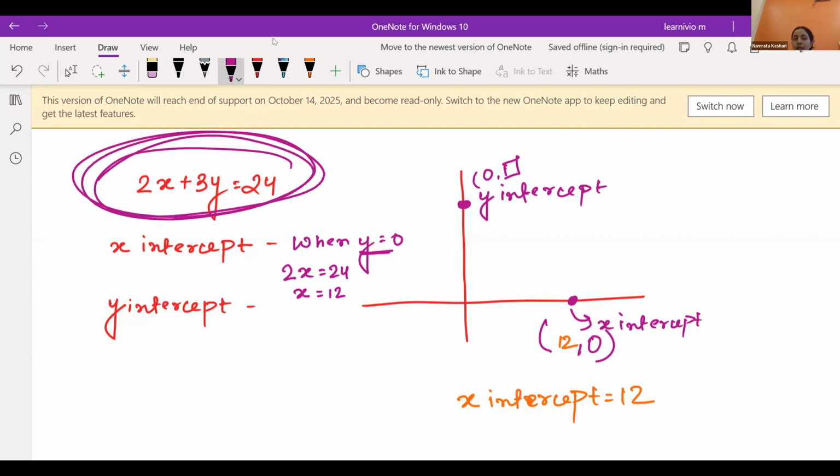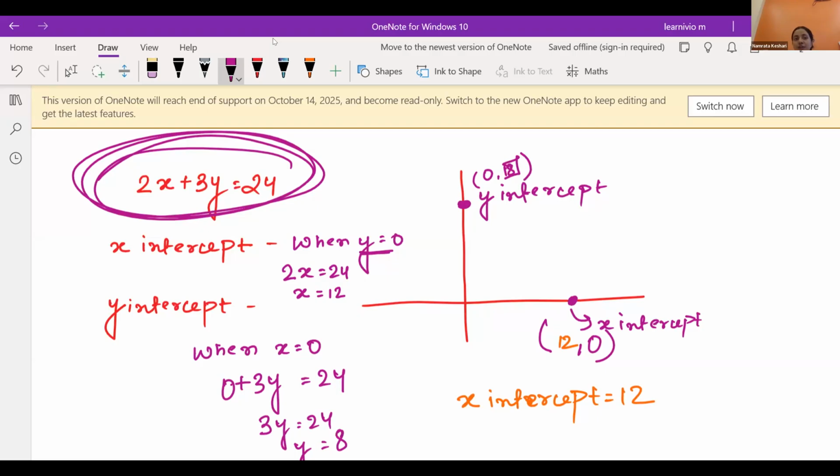The moment you put x as 0 in the given original equation, you will get 2 times 0 plus 3y is equal to 24, and you will get 3y is equal to 24. Hence y is equal to 8. So the coordinate over here will be 0 comma 8. This is not a random point.